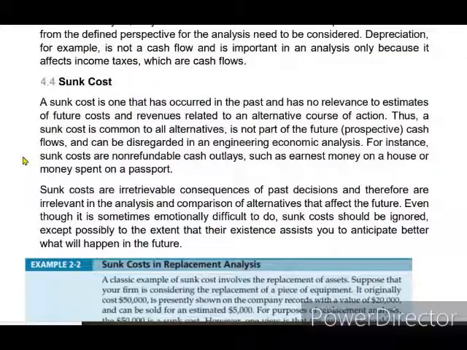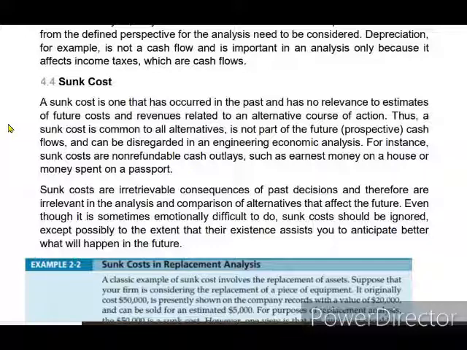4.4, the sunk cost. A sunk cost is one that has occurred in the past and has no relevance to estimates of future costs and revenues related to an alternative course of action. Thus, a sunk cost is common to all alternatives.